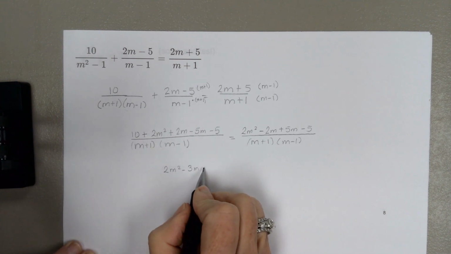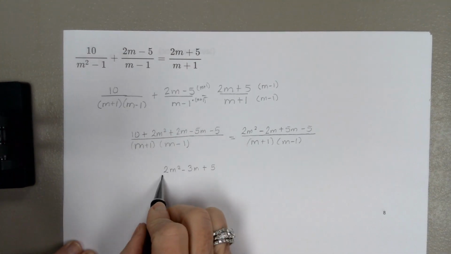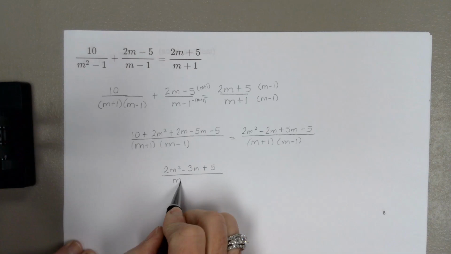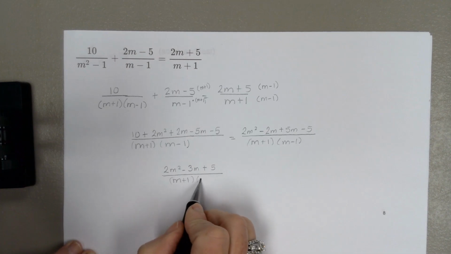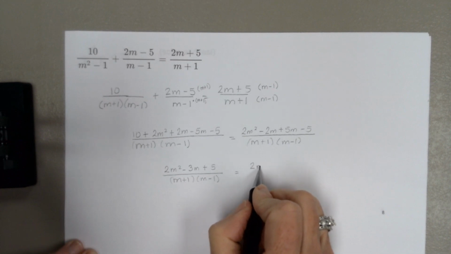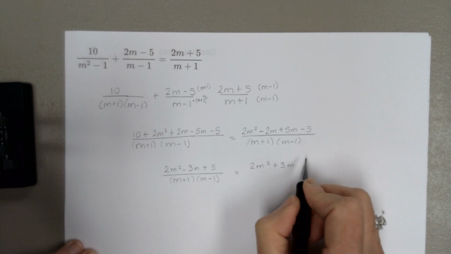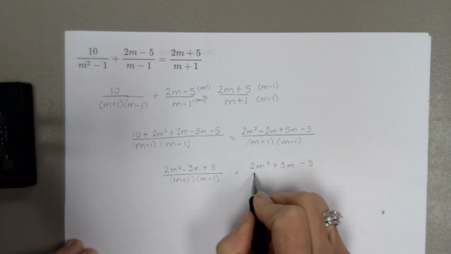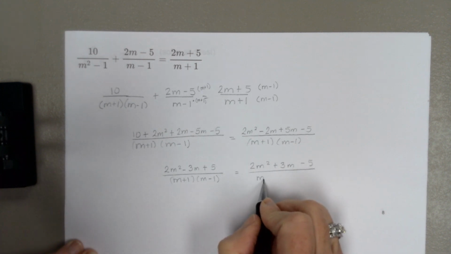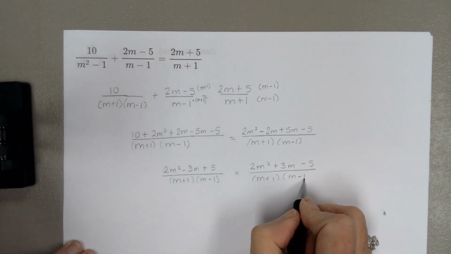And that's going to give me a plus 5 when I combine the 10 and the negative 5. And it's over top of m plus 1, m minus 1. Here, I'm going to have a 2m squared plus 3m minus 5 over m plus 1 and m minus 1.